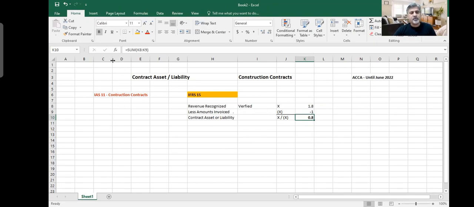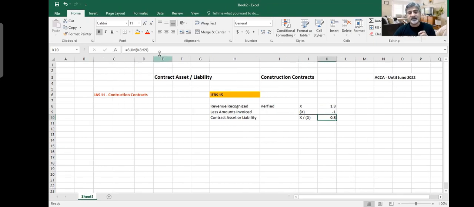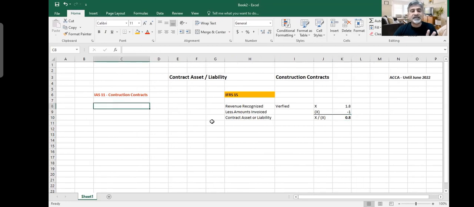Now, if I go back to the IAS 11 concept, the contract asset and contract liability under IAS 11, here you don't talk about revenue recognized. You talk about costs incurred, how much cost you have incurred, and you call it cost incurred to date. To date means until when you are preparing the financial statements.